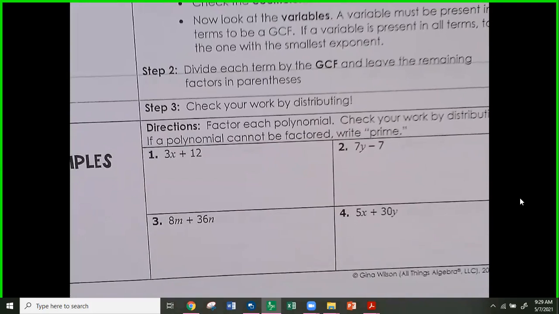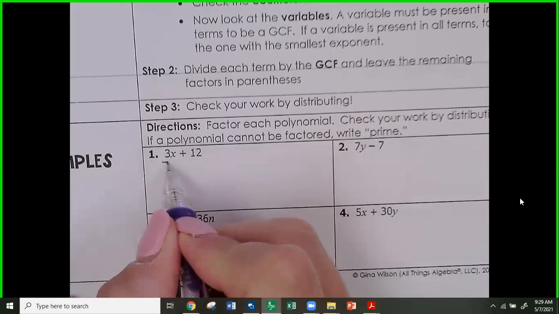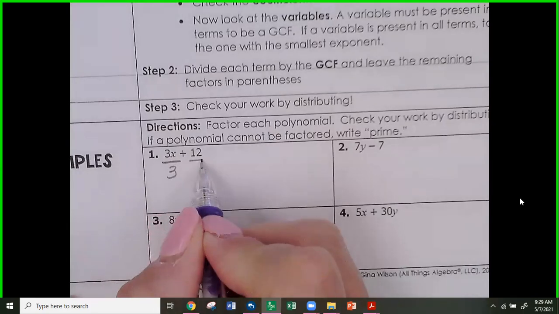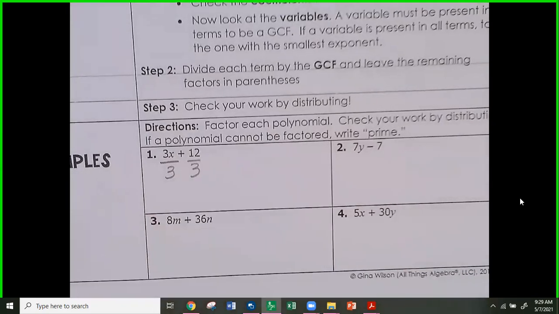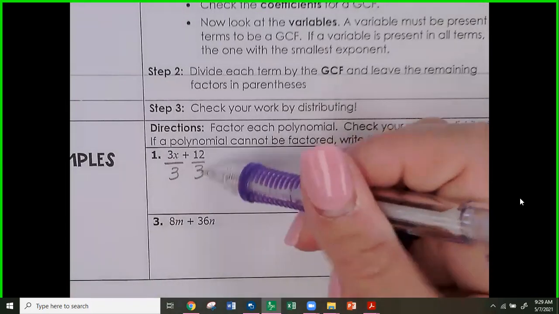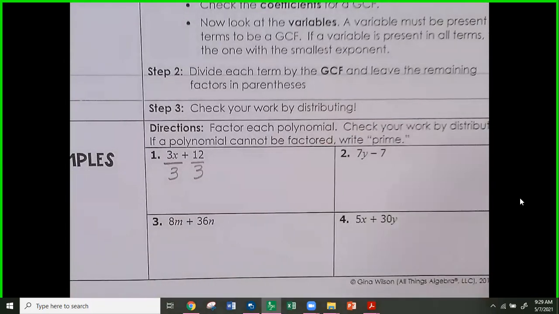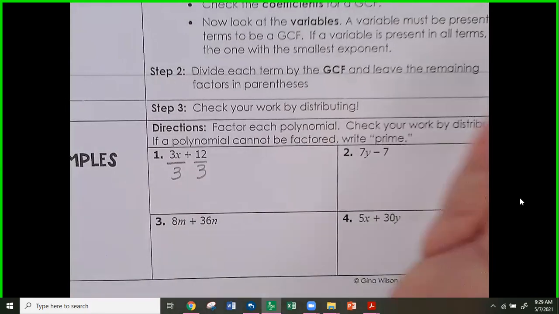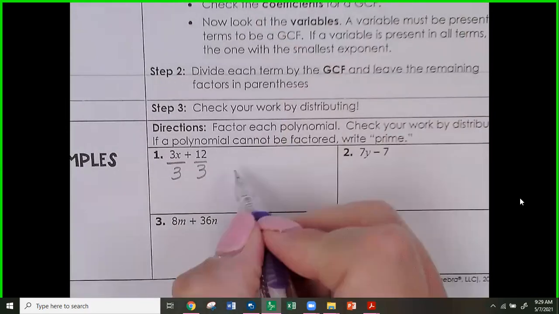So you know the homework that we just went over? So remember how we can just break it apart like that? Well, 3 is the greatest common factor of 3x and 12. So I can divide both of these numbers by 3. Okay, and think about what our problem looked like a couple days ago.